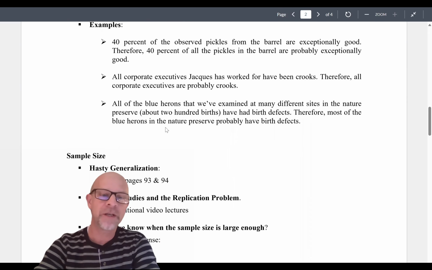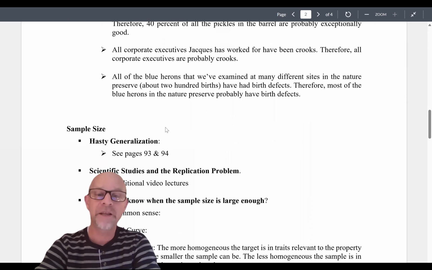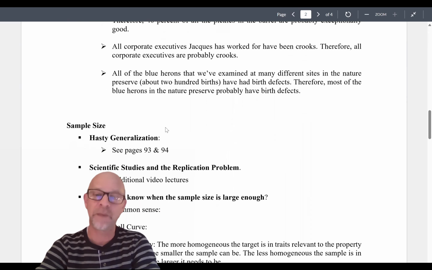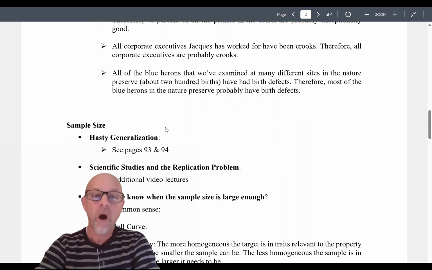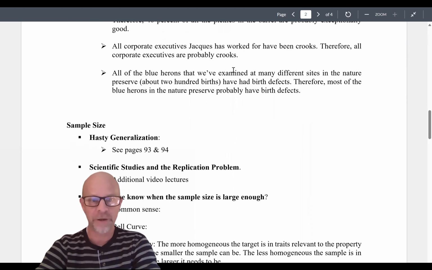Another example here is all corporate executives that Jacques has worked for have been crooks. Therefore, all corporate executives are probably crooks. All right, so in this case, what is the target? What is the sample? And what is the property under consideration? All right, so the target is going to be the corporate executives that we're considering here.